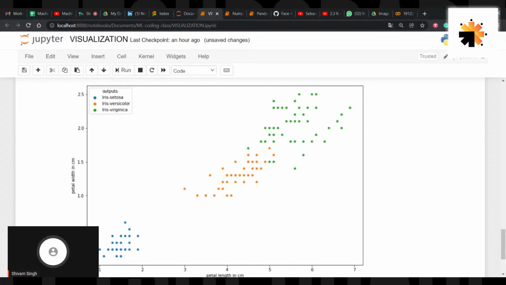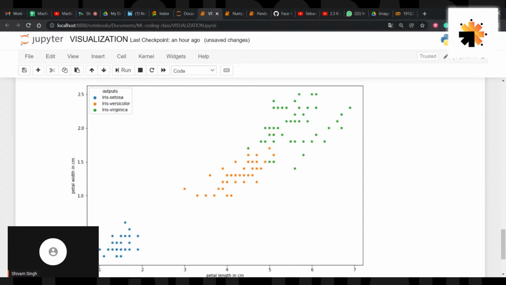On the x-axis you have petal length, and on the y-axis petal width. Setosa is represented by a blue color, versicolor by an orange color, and virginica by a green color.